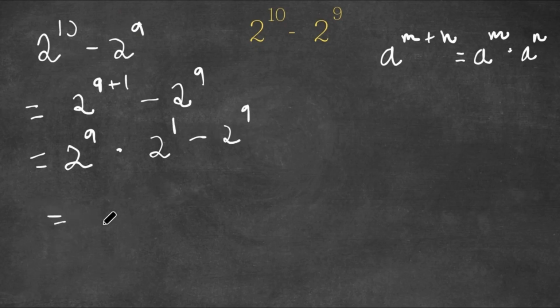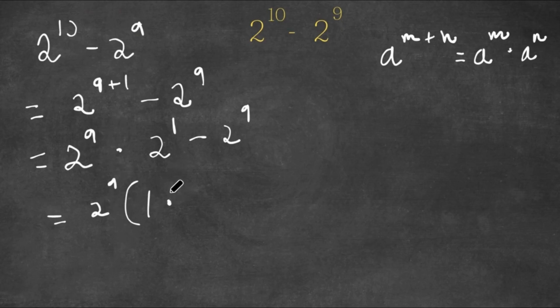Now I'm going to factor out 2 to the power of 9. If I factor out 2 to the power of 9, I get 2 to the power of 9 times, now 2 to the power of 9 divided by 2 to the power of 9 is 1.